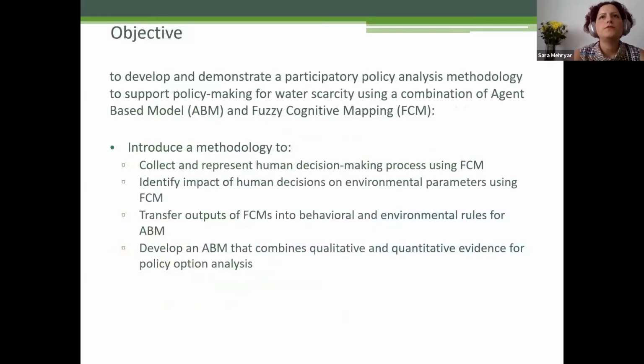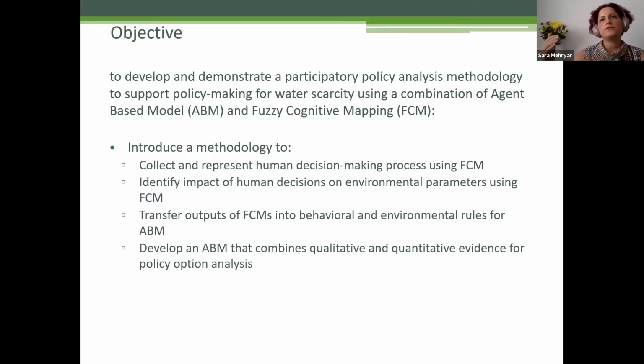So the objective of our study was to develop and demonstrate a participatory policy analysis methodology to support policymaking for water scarcity. And we've done that by using a combination of agent-based model and fuzzy cognitive map, which is a kind of mental model or mind mapping method as described in the previous presentation.